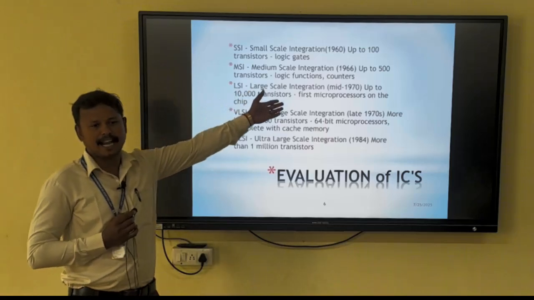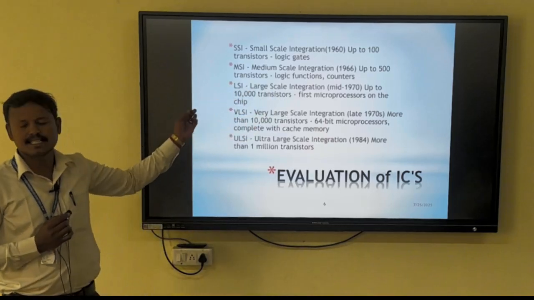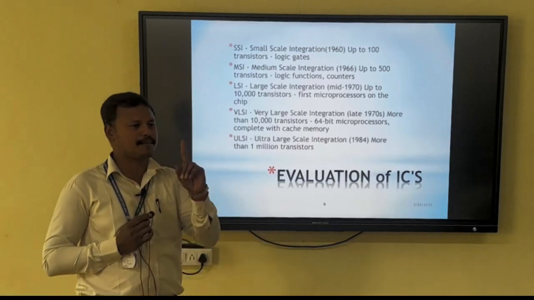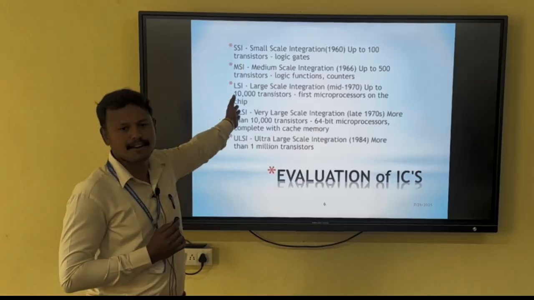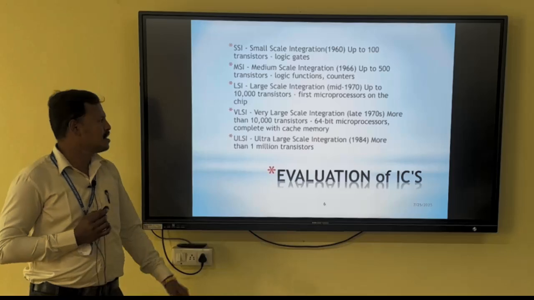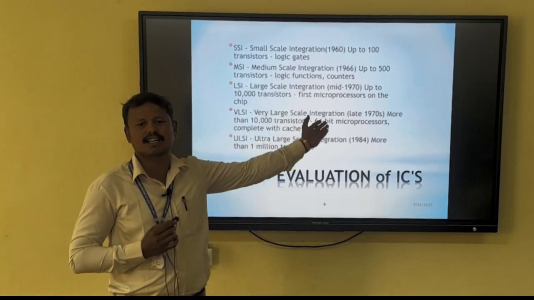LSI was introduced in the mid 1970s. This IC contained 10,000 transistors. The first microprocessor was introduced in this type of integration. Next, VLSI was introduced in the late 1970s or 1971.